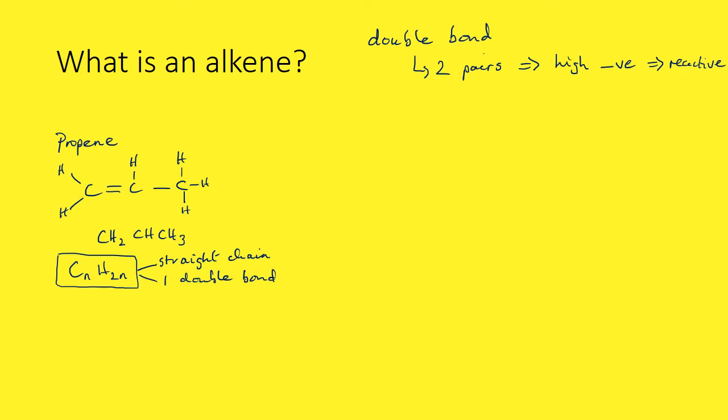Let's draw cyclopentene. So cyclo tells you that it's a ring of carbon atoms. The pent part of pentene tells you that there's going to be 5 carbons in this cyclical arrangement, and the ene part of the name tells you that there's going to be 1 double bond.